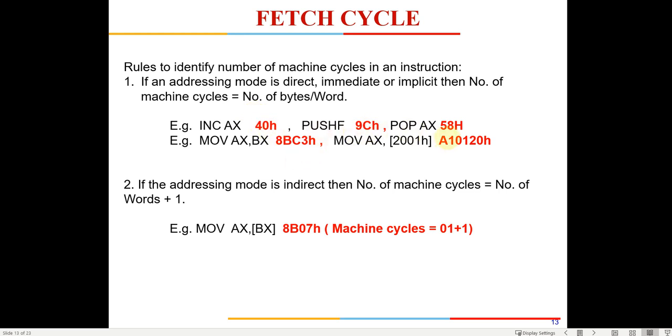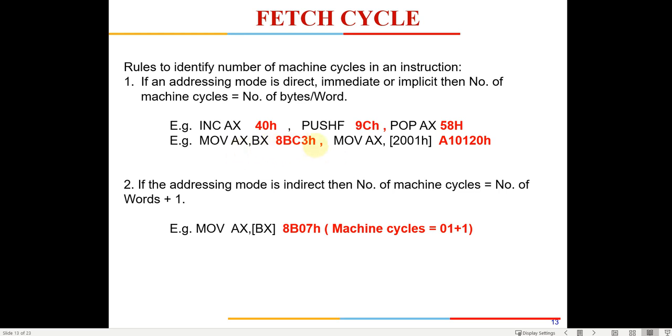Similarly, PUSHF and POPF are all 1 byte of information, so we will be getting it within one machine cycle. Within one machine cycle we will be able to get that data, decode it, and store the information in the temporary register, so that in the execution cycle it will just be executed.